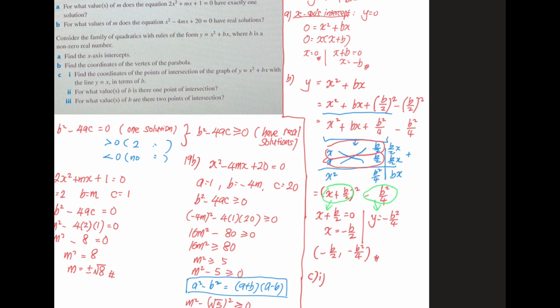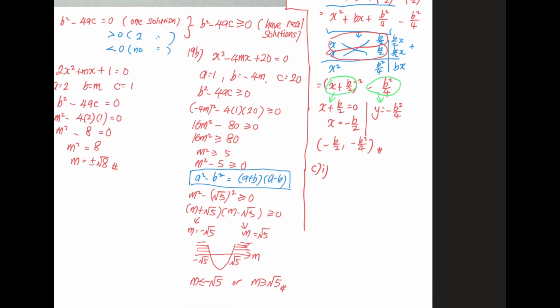I know the x-intercepts here, 0 and minus b, so the graph is something like this, y, x.